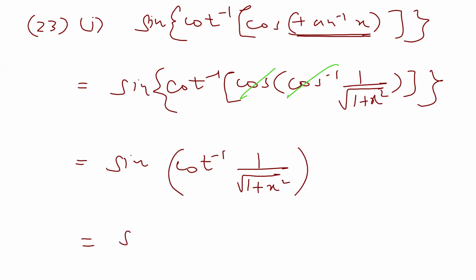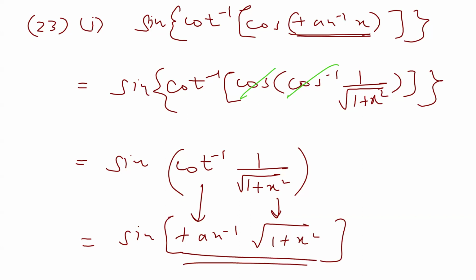Now cot inverse is nothing but tan inverse if we take the reciprocal, so reciprocate the value also. Now this tan inverse, I will convert it into sine using the triangle method.